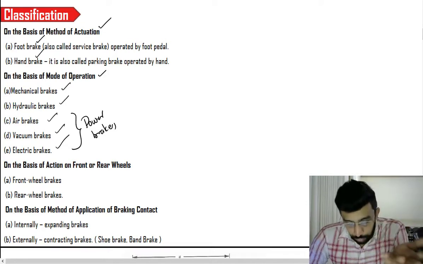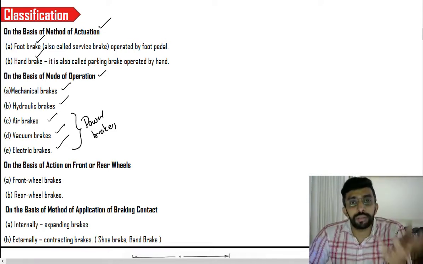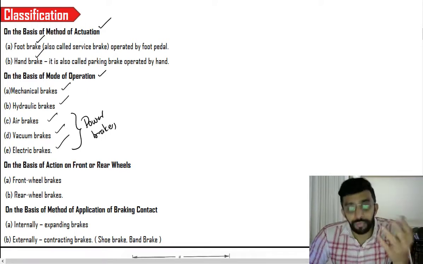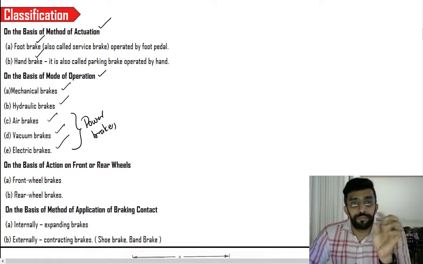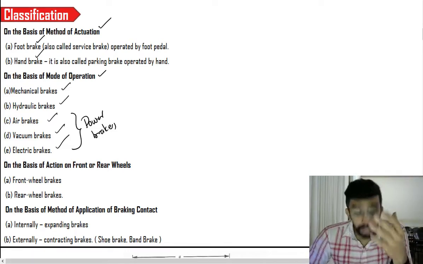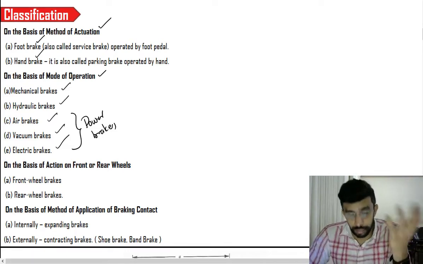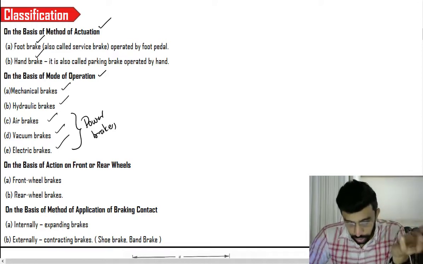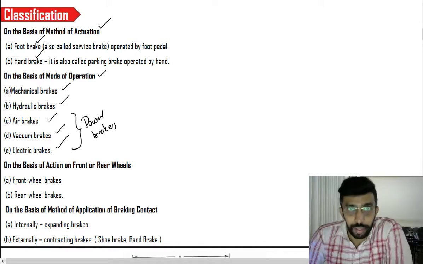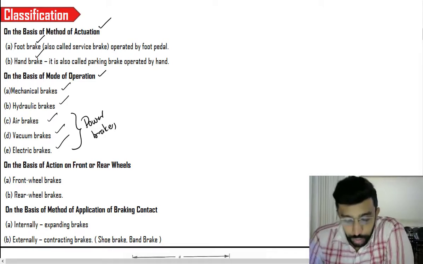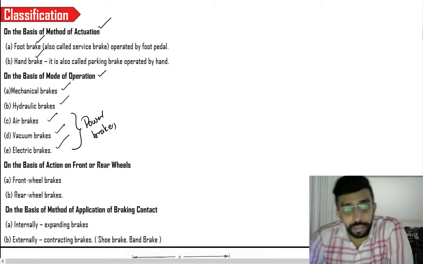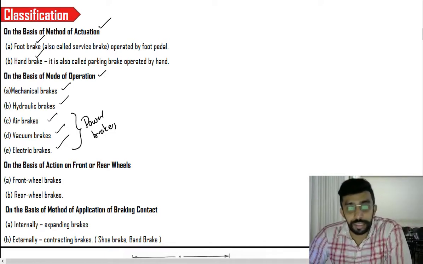Hydraulic brakes work on the principle of Pascal's law, and when you apply the force, this fluid transmits the power to the braking element. So it offers a very efficient braking system, and you can transmit good braking force to the braking elements. When it comes to air brakes, we are using air or a pneumatic system to apply the brake. That's how the system works.